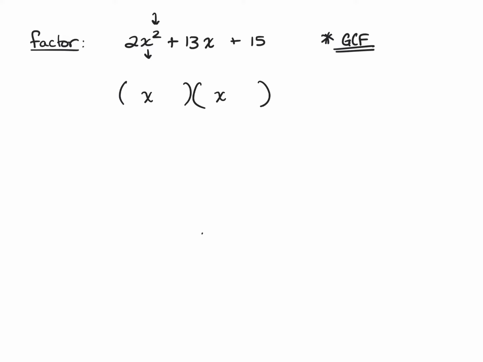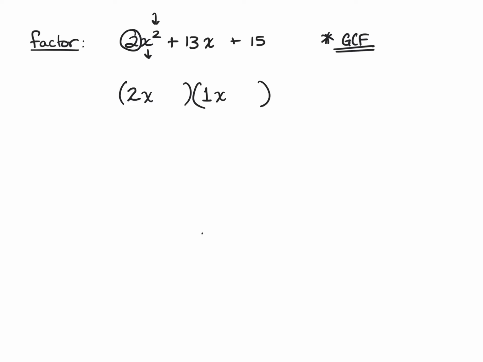But I'm not done this time, because now we have a 2 with that x squared. What's nice is that the number with the x squared is a 2, and 2 is prime. So the only way to make 2 is 2 times 1. So 2x times 1x is 2x squared.